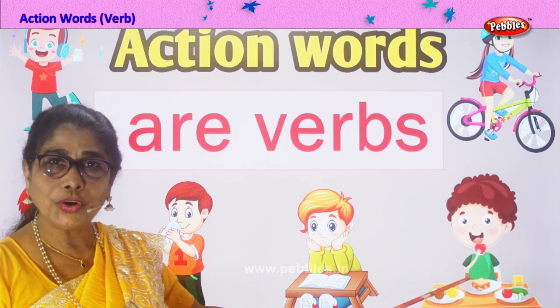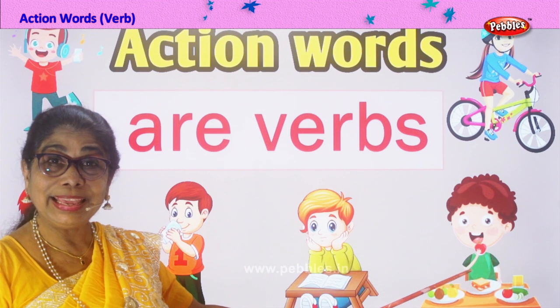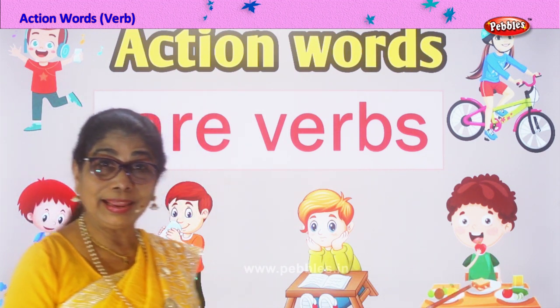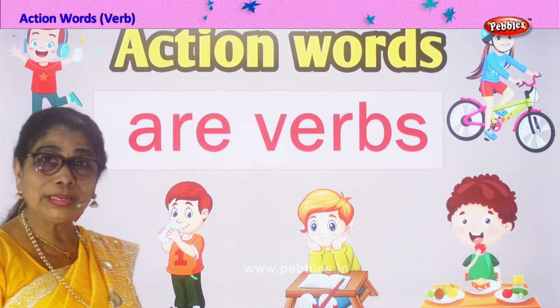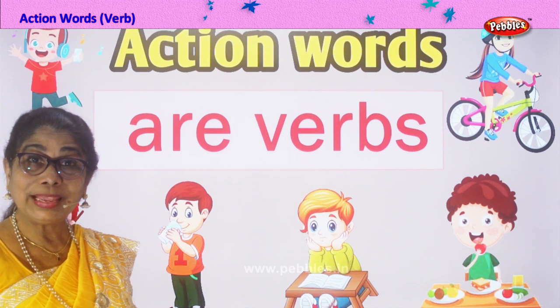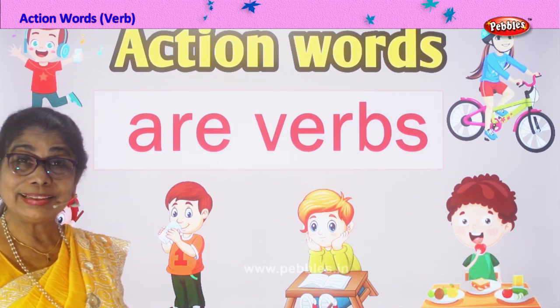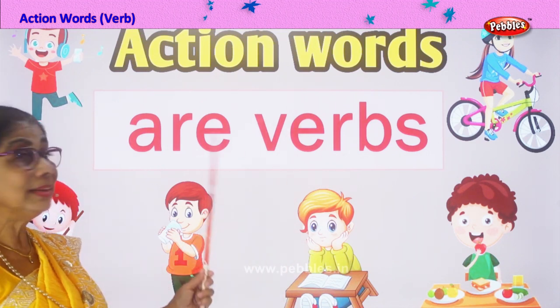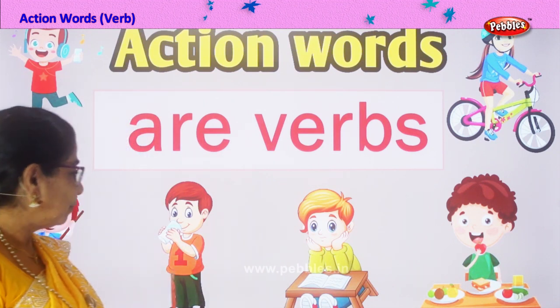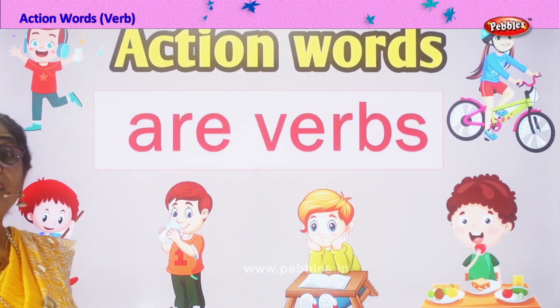What is the action going on here? Eating. He is eating. What is the verb there? Eating. What is he doing here? Reading. He is reading. Action word. The verb is reading. Next. What's he doing?